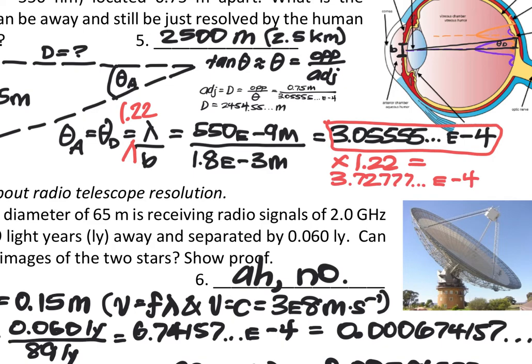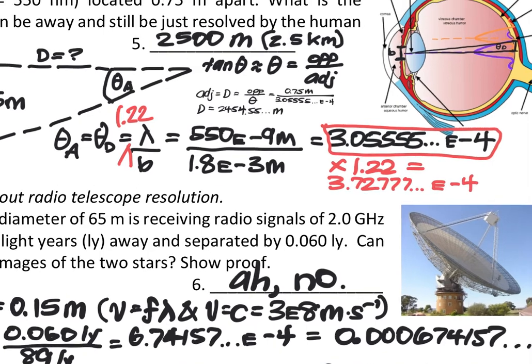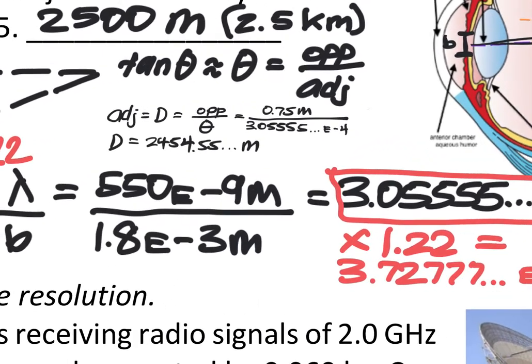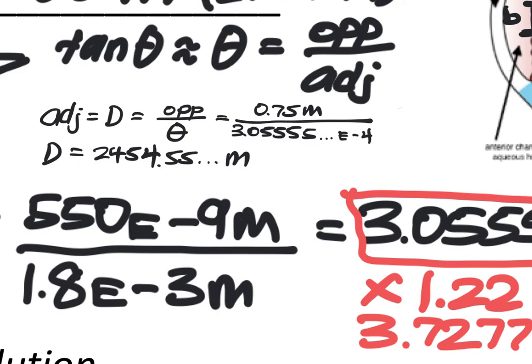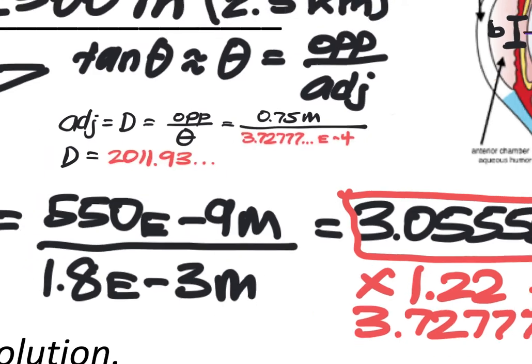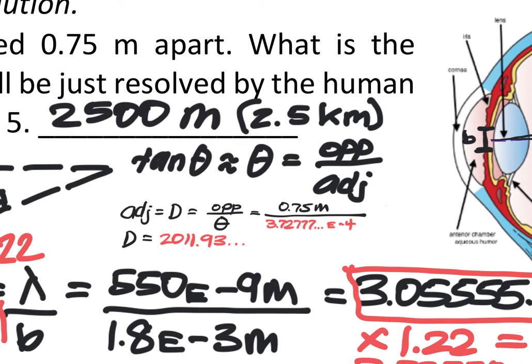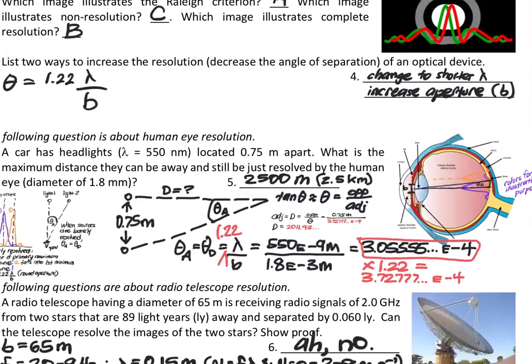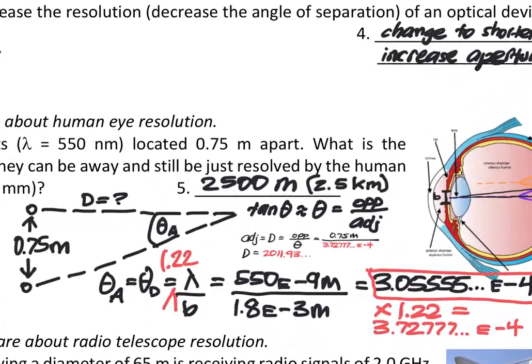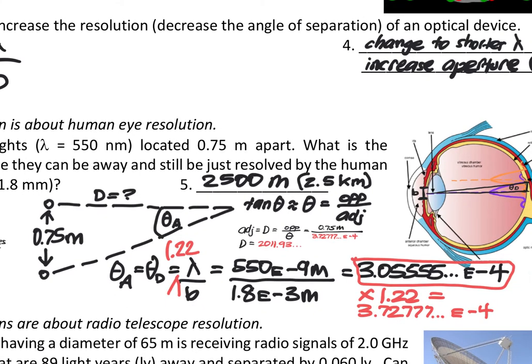So when I go and solve for my D, I get more like 2011, and if we're only doing two significant figures, because of the 0.75, that is not 2,500 meters, but 2,000 meters or 2 kilometers. Fixed it. My bad.